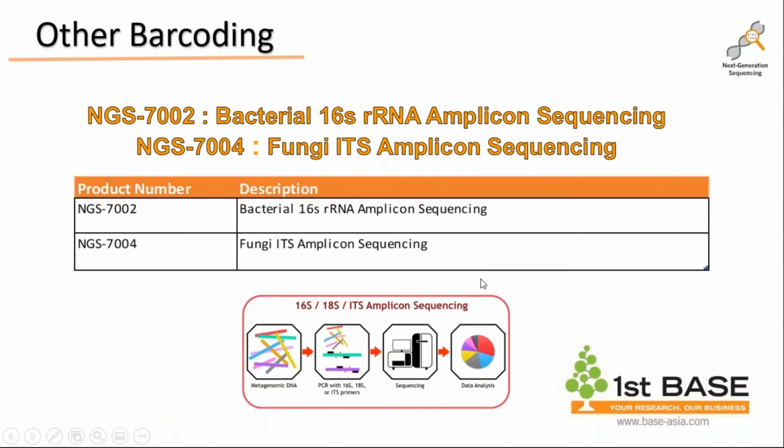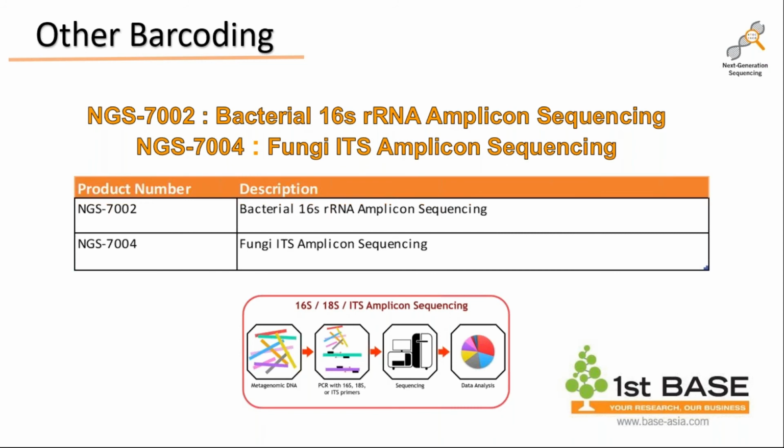Other than that, maybe some customers are also doing something similar, but they are not using the Sanger sequencing method to perform this barcoding. So let's say you have a water or soil sample with mixed isolates and a lot of microbes inside. How do you do it?